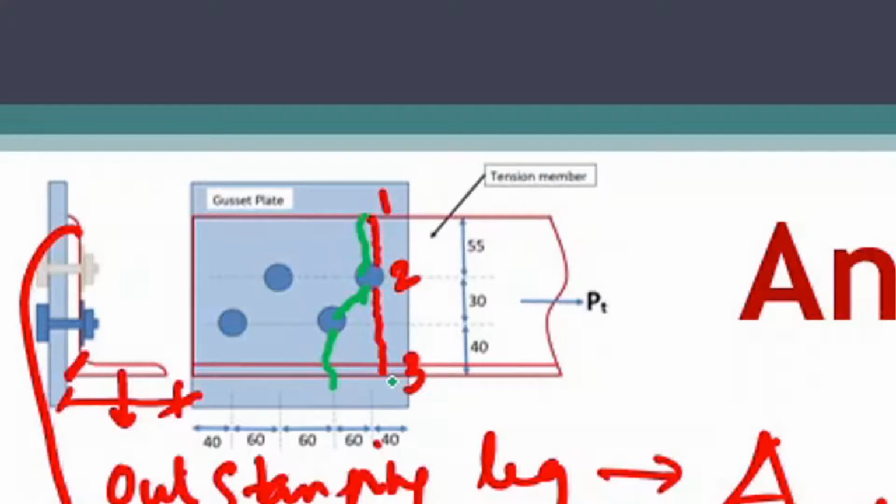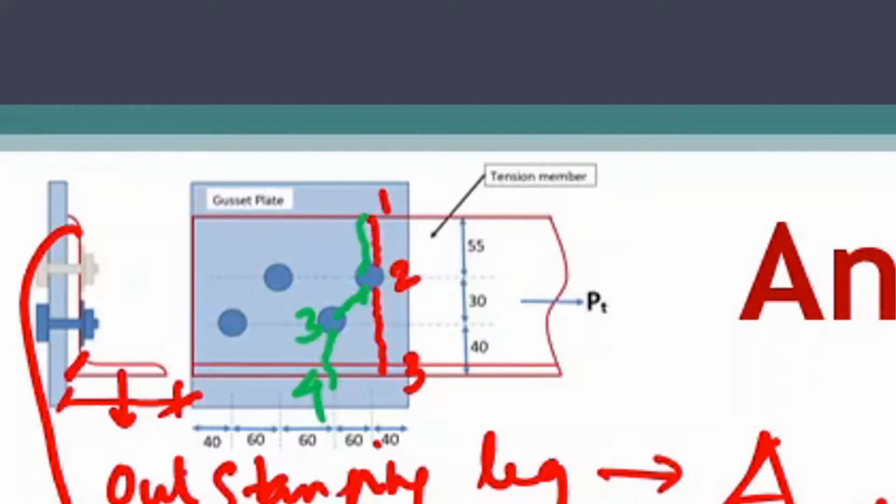Again, make sure that there should not be any bolt which holds the tension member and the gusset plate on the right side of the critical section, because for a tension member the critical section is here on the right side of the connection. So the second pattern may be 1, 2, 3 and 4. These are the two possible patterns of rupture. So we need to calculate the area in both patterns, and whichever is least is the net area of the connected leg.